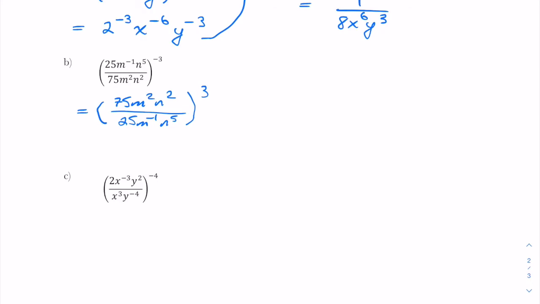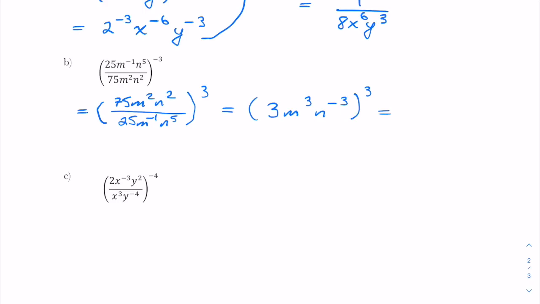What I'll do next is simplify inside of the brackets. So 75 over 25 gives us 3. M squared over m to the negative 1 gives us m to the 3rd. And n squared over n to the 5th gives us n to the negative 3. All of that is still to the exponent 3. I'm going to do 2 steps here. I'm going to apply the exponent of 3 to everything, and I'm going to bring that negative power of n to the denominator.